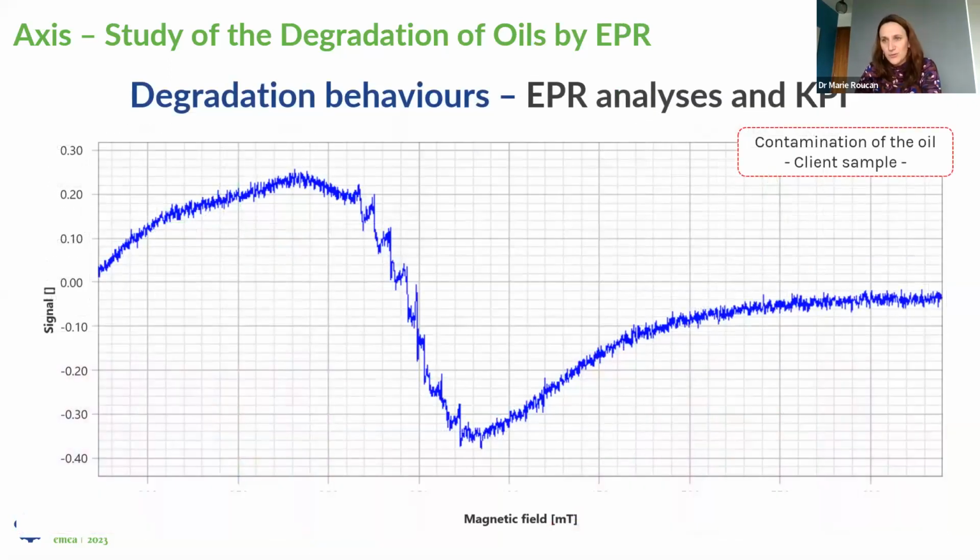Here is just an example to show you what I mean when you have the metal kind of hiding everything. Here you have a very distorted line for the EPR, and this is because you have superparamagnetic iron. So the iron forms clusters, and these clusters are so paramagnetic that they distort everything.